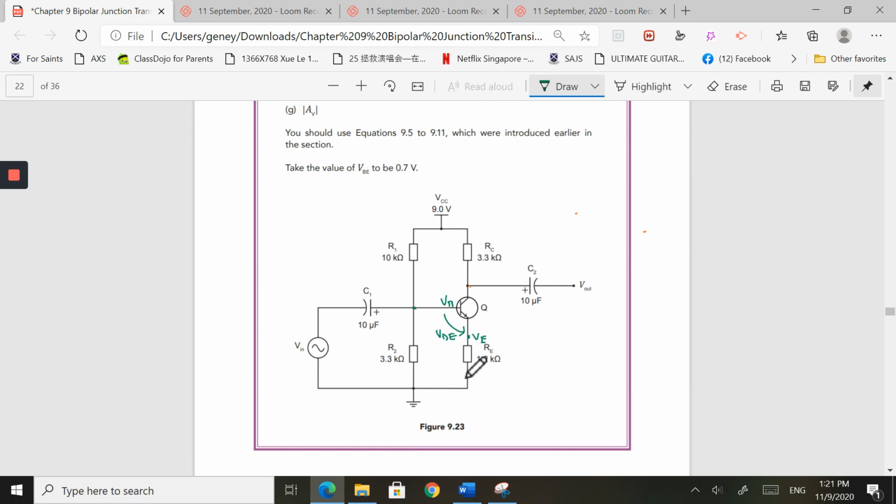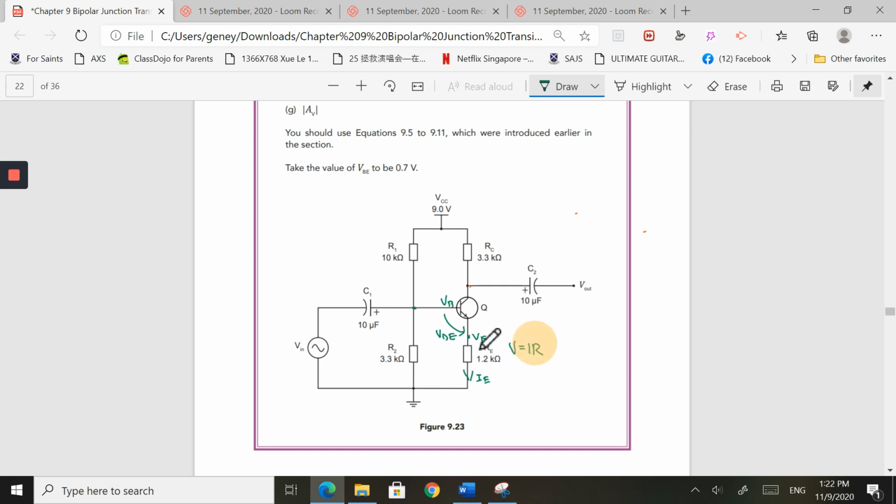Next they want me to calculate what is the emitter current. So they want me to find out what is the current flowing down here, the emitter current. Once again, if you're wondering why there is a current flowing down here, go back and watch video 2. It tells you about the currents flowing into and out of the BJT. So I have the voltage here, I have the resistor here. Isn't it just a very simple Ohm's law application, V equals IR?